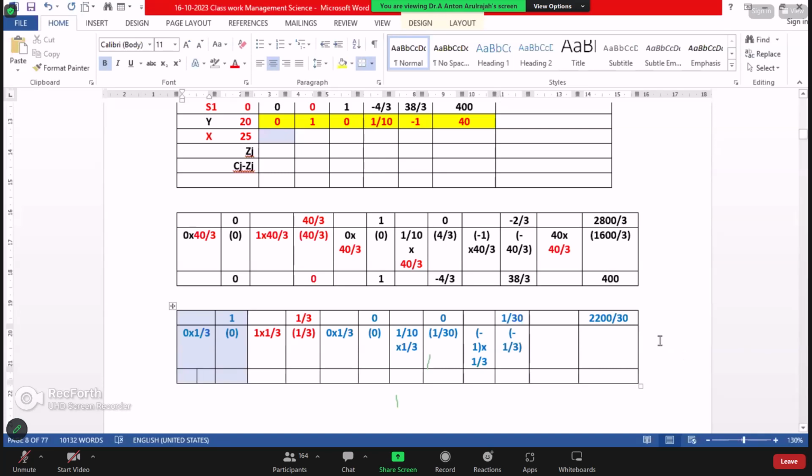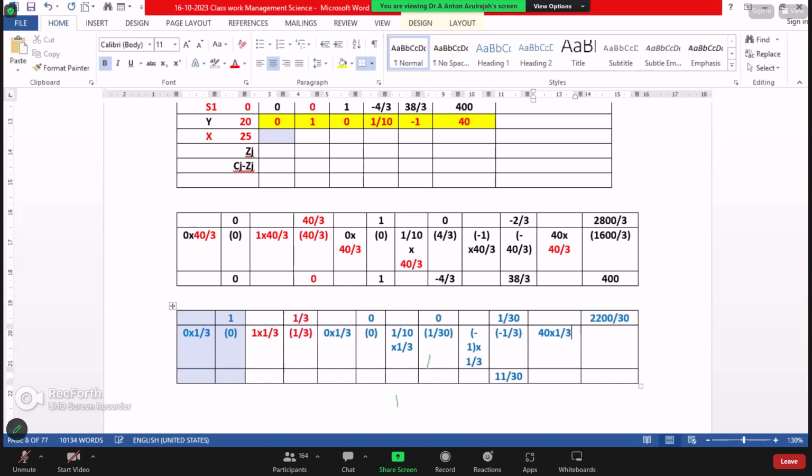By 30 minus this answer, that is 11 by 30, yeah, this is okay. So then finally 40 has to multiply by 1 by 3. So 40 multiplied by 1 by 3, that is 40 by 3. That we have to minus it.